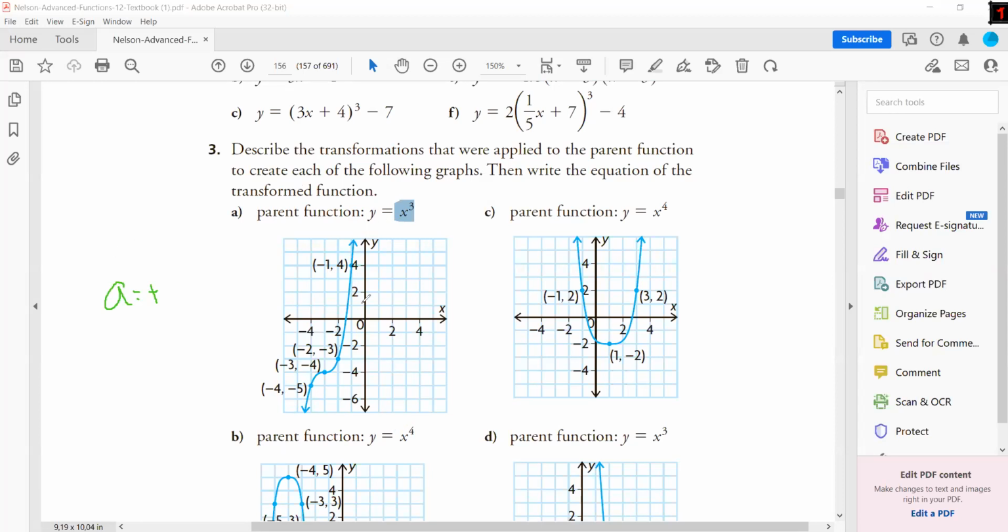And then what about transformations? We know that this point on x to the third power, in the original function, lies at x 0, y 0, this little inflection point.